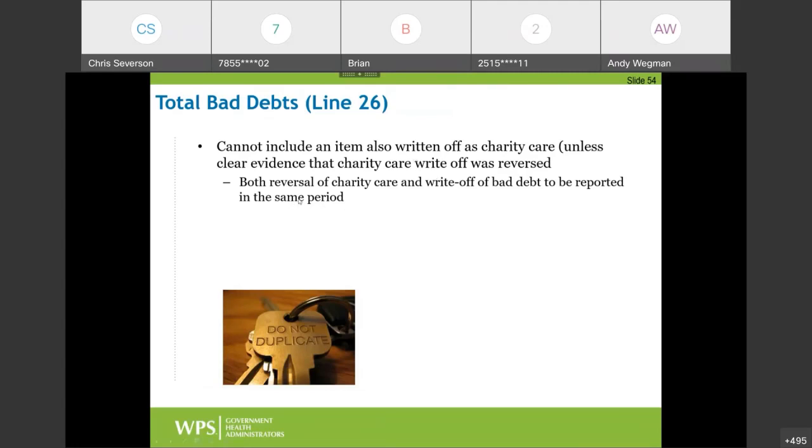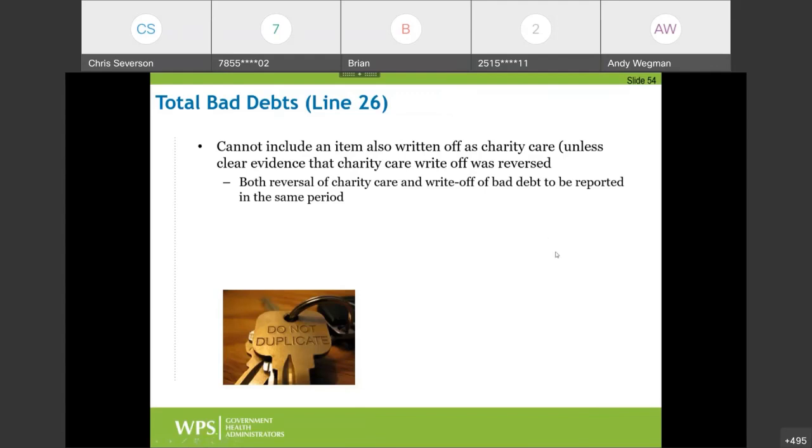If you had a reversal, if the charity care write-off was reversed, which I suppose sometimes happens, I know it happens, I've seen it, a charity care write-off was reversed, you find out they didn't meet the policy, and then it gets turned into bad debt. Or what's more likely is it started as bad debt and it gets reversed to charity care. That's fine, but we're going to handle those reversals.